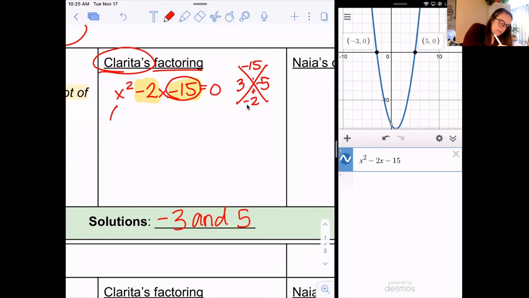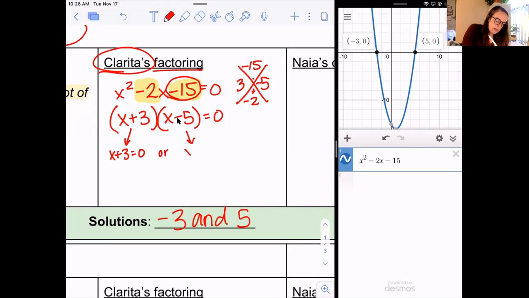So I'm going to factor it. I'm going to get x plus 3 and x minus 5 equals 0. Remember, in order for it to be equal to 0, either this has to be 0 or that has to be 0. So either x plus 3 is 0 or x minus 5 equals 0.